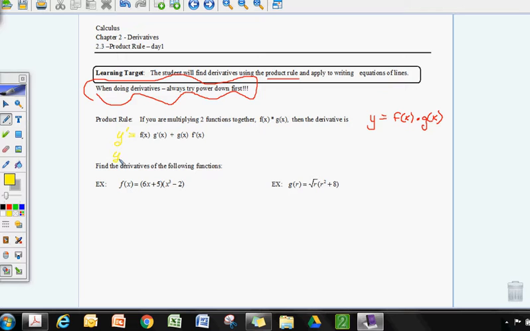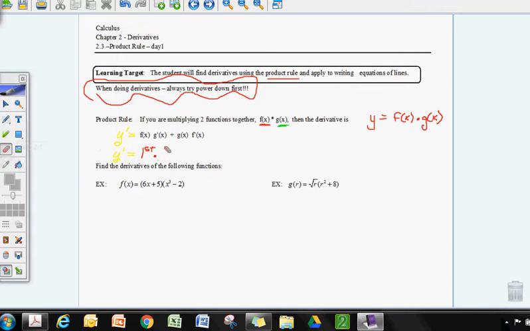So I said I was going to color code these. I'm going to write it out in words. From the f function, I'm going to underline it in red. So it says I take the original function. That's the first function labeled. So I'm going to say first times, and in green, I'm going to underline the g, the derivative of the second function. I was going to write it out in words.